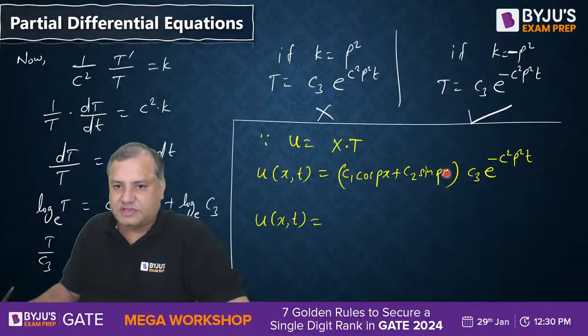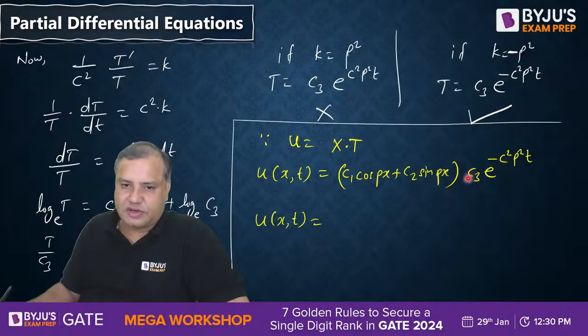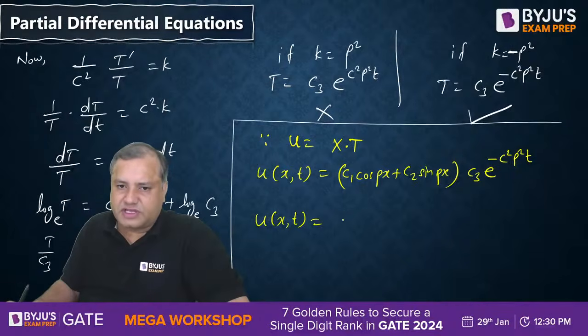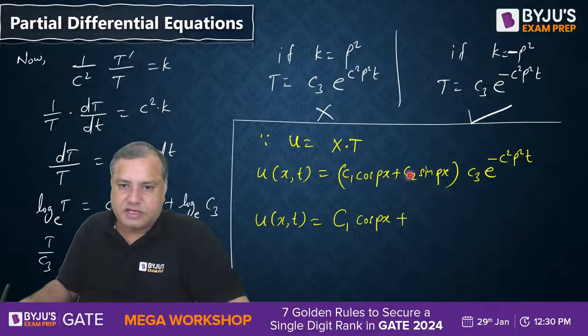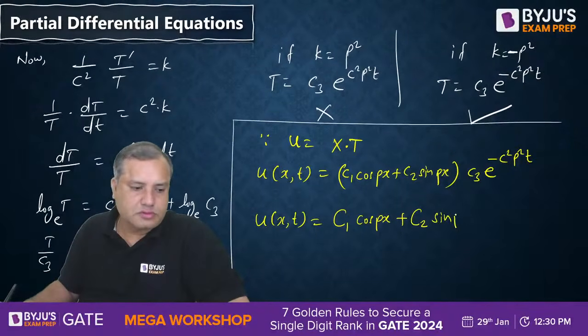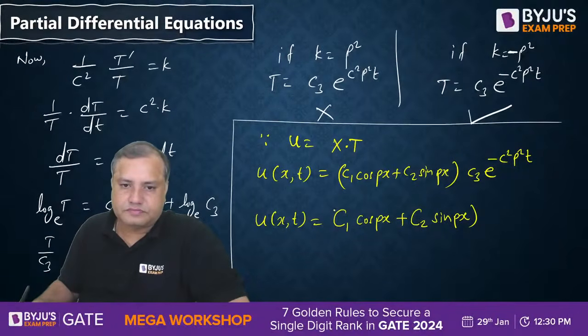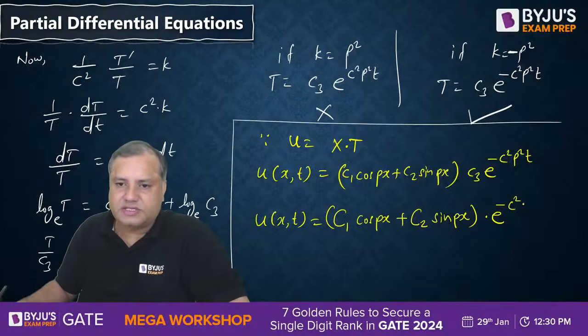C1 C3, cos and exponential. So C1 into C3 is replaced by a new constant, capital C1, cos px. C2 C3 is capital C2, sin px, e to the power minus c square p square t.